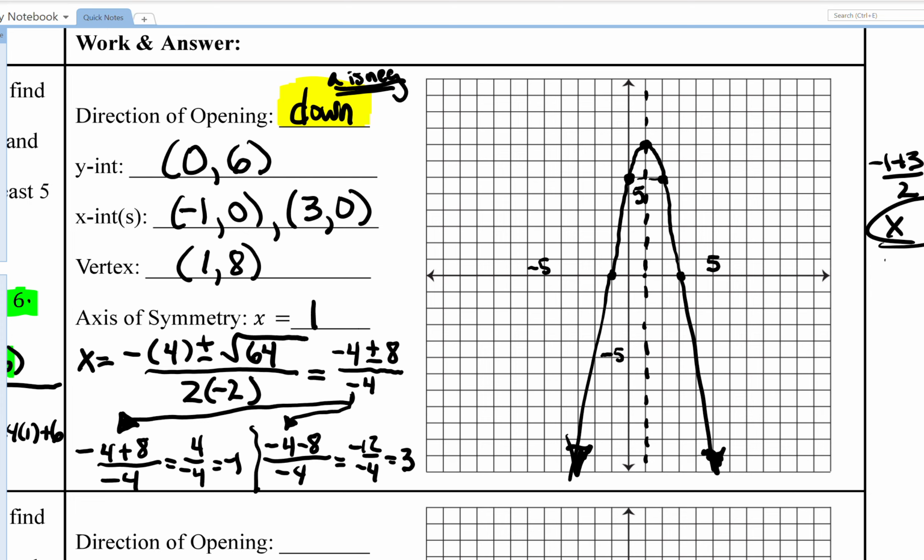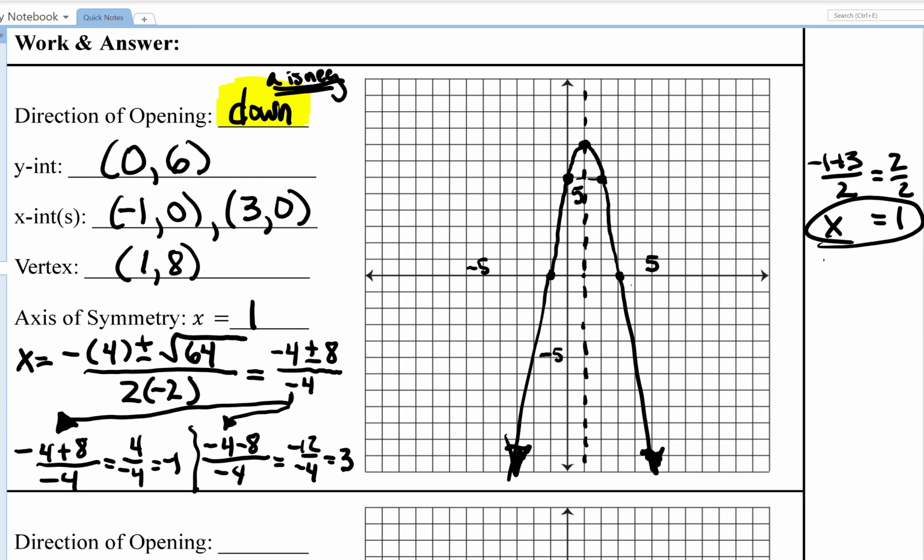If you want to find additional points, I would suggest you take something really close, maybe x equals 4, and find out where it is along here. It should be somewhere pretty close to -5, maybe -6. You can find additional points that way, but this is good for at least a sketch.